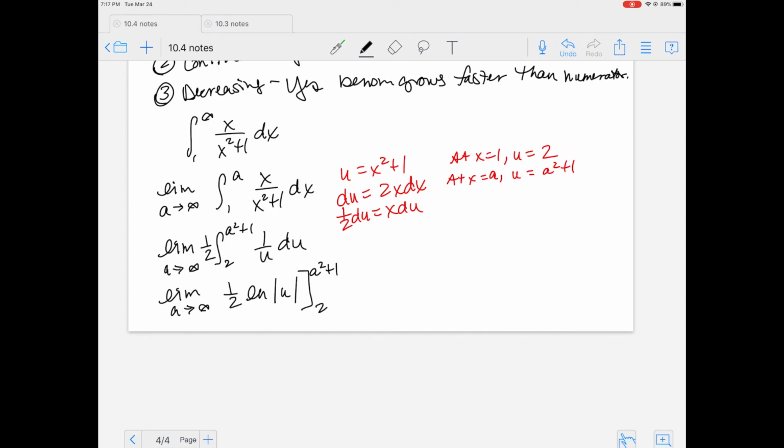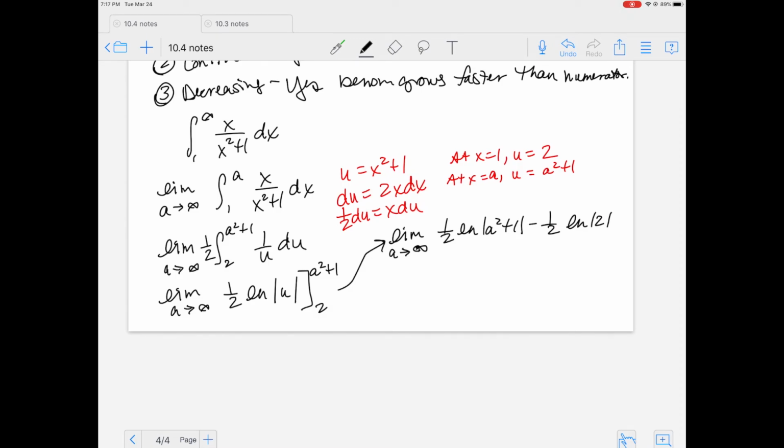I'm going to bring this right up here because I run out of room. So I have my limit as a approaches infinity of 1/2 natural log of a squared plus 1 minus 1/2 natural log of 2.